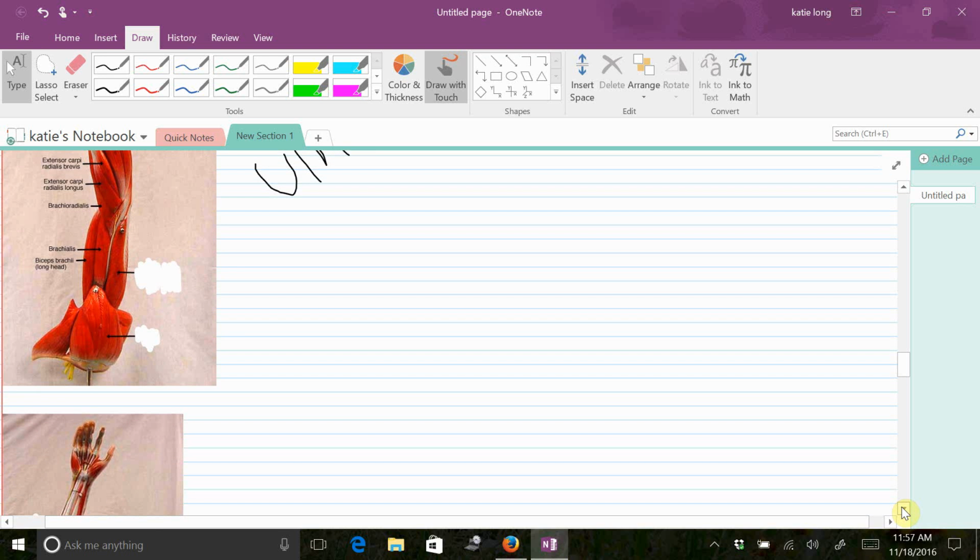Lastly, on this drawing, we have your triceps brachii. Triceps, tri, right? So the triceps brachii has 3 branches. I don't think you need to know them all for this practical, but just be aware of it. And we have your deltoids. We've labeled your deltoid in various different images now.